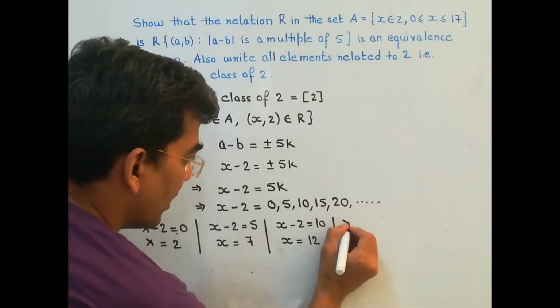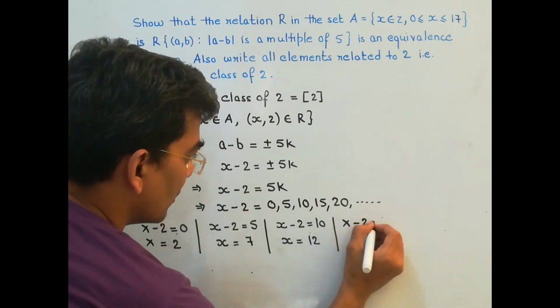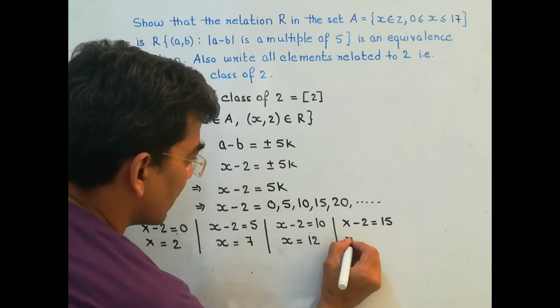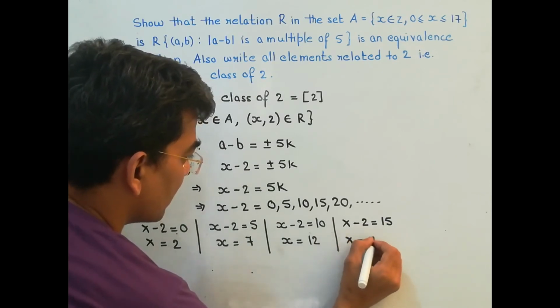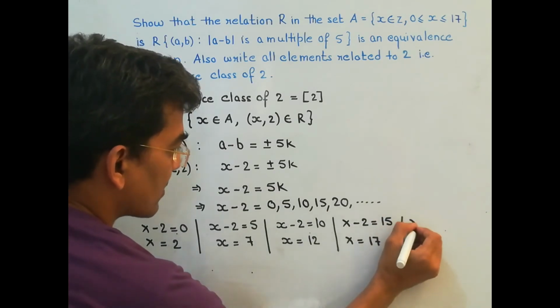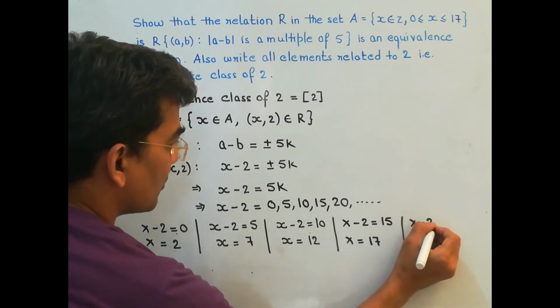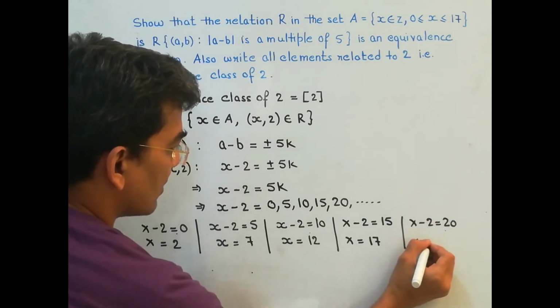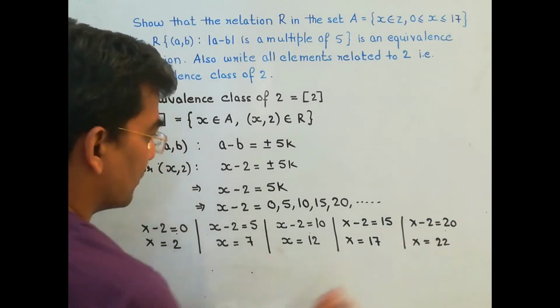Next we have x minus 2 is equal to 15, so x is equal to 17. Next is x minus 2 is equal to 20, so x is equal to 22.